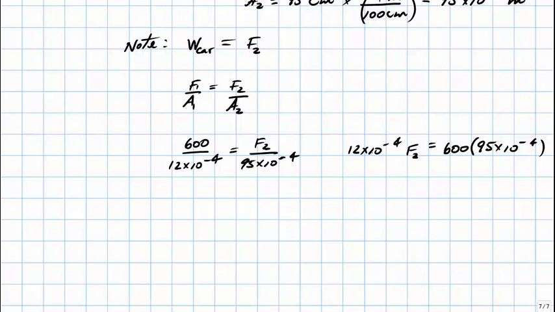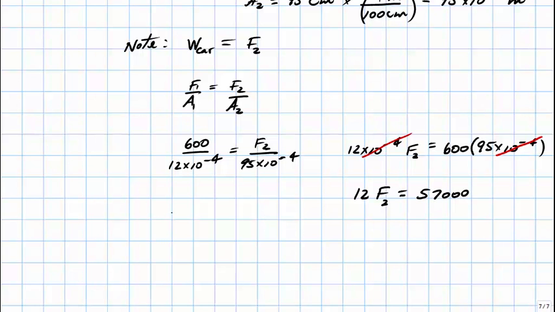Notice that the 10 to the minus fourth can be canceled from both sides. Which produces an outcome of 12F2 equals 57,000.